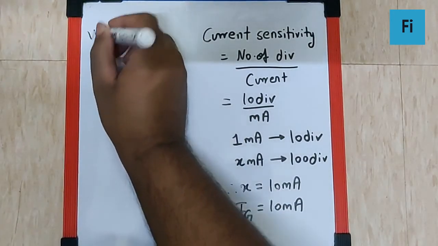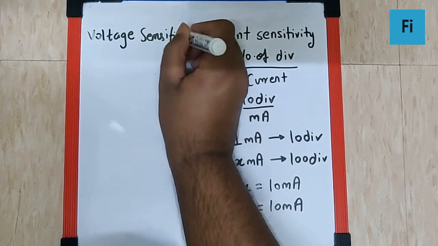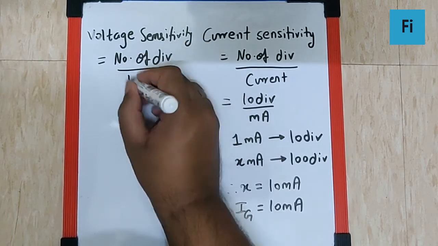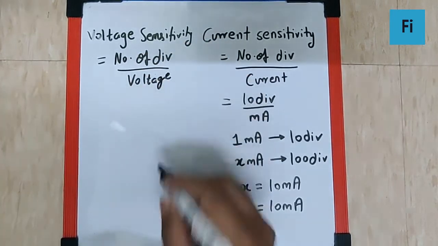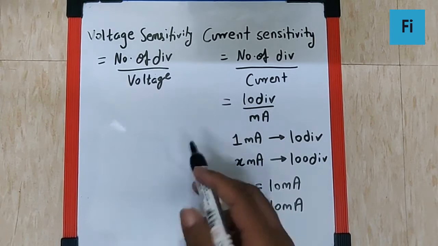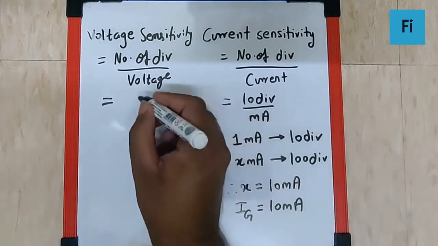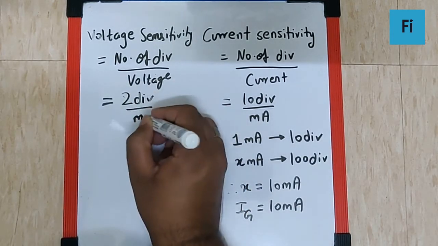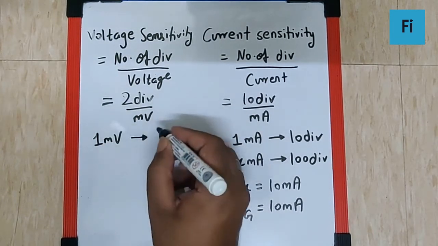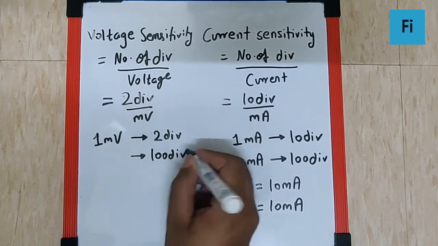Similarly, voltage sensitivity is given, which by definition is the number of divisions per unit voltage measured. Again, you don't need this definition because the value given is 2 divisions per millivolt, and that means 1 millivolt can be measured by the instrument with the help of 2 divisions, and we already know the total number of divisions in this instrument is 100.